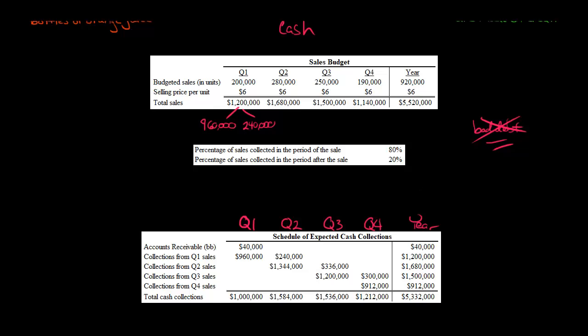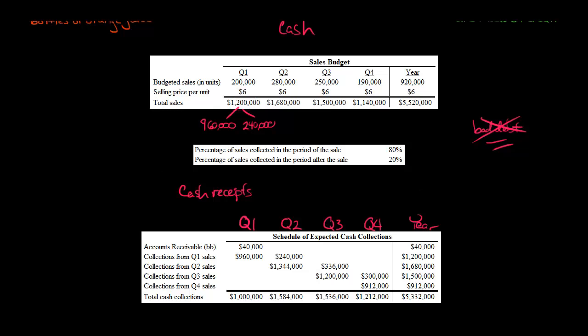Now in this row, I put the total for each quarter. When you actually go to put together your cash budget and you're looking at your cash receipts, you don't just take the sales revenue, unless the company makes 100% cash sales. You wouldn't just take the sales amount from the sales budget and plug it into cash receipts in the cash budget.